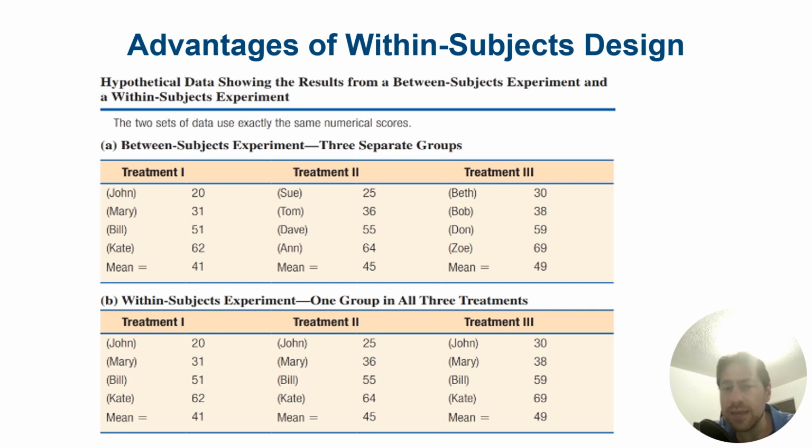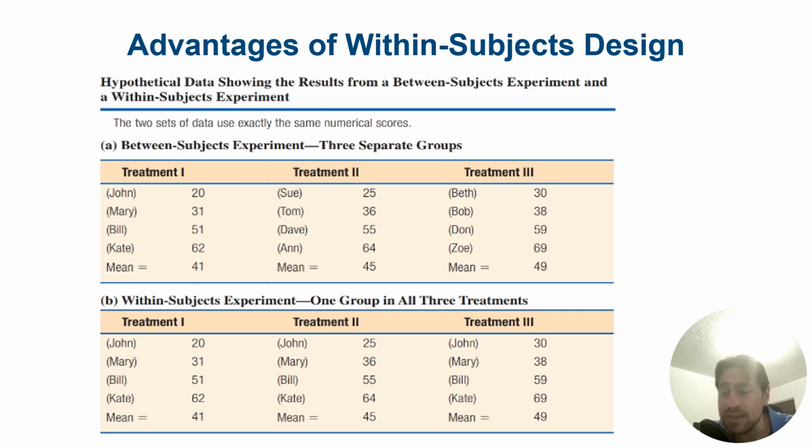Now, in the between subjects version of the experiment, one possibility is that the differences in means are caused by the different treatments, which is what you want to conclude. However, the other possibility is that this difference is actually caused by individual differences. So let's say that you are measuring problem-solving abilities.